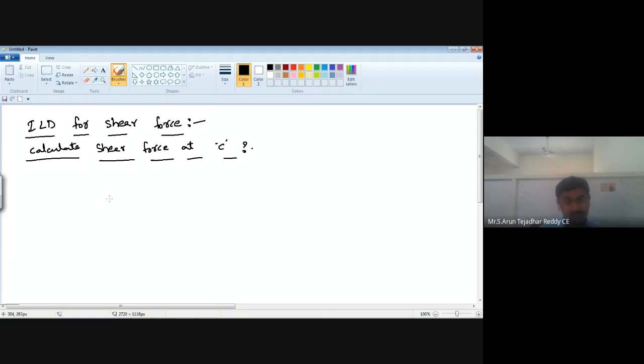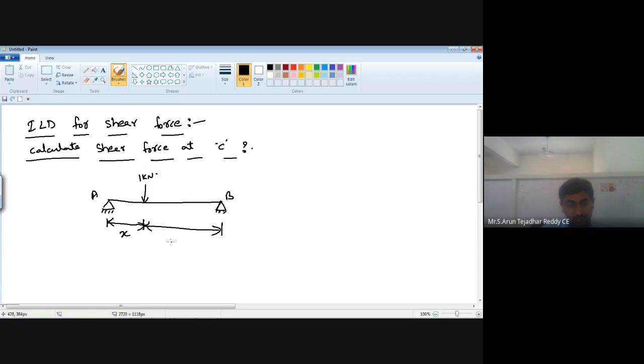Here consider a simply supported beam A, B. Now at a distance of x meter, our unit load is acting, 1 kilonewton. Already we discussed the 1 kilonewton in the previous class.